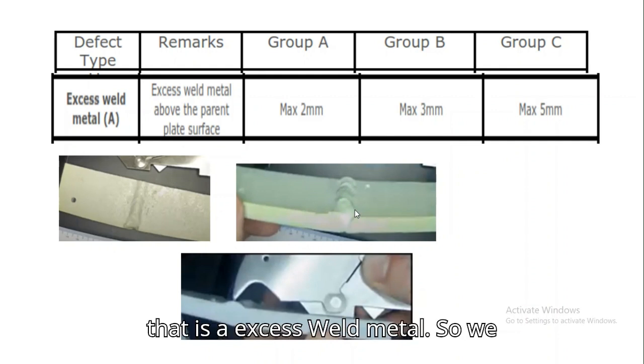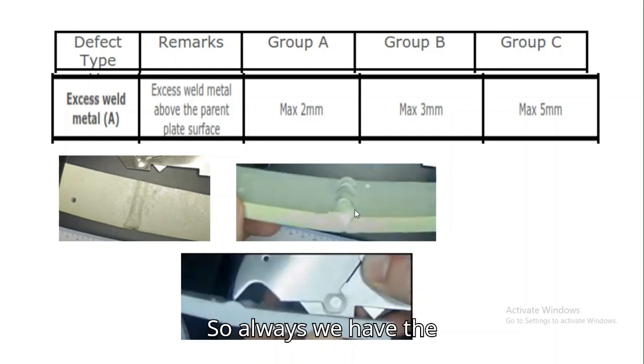That is excess weld metal. So we can call it weld reinforcement or weld cap. So always we have the acceptance criteria for the weld cap or excess weld metal.